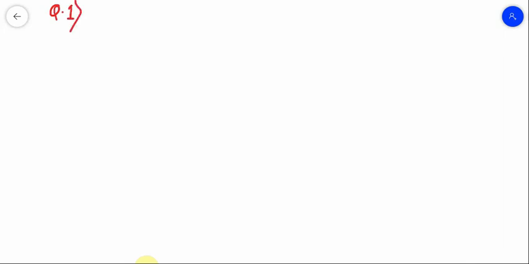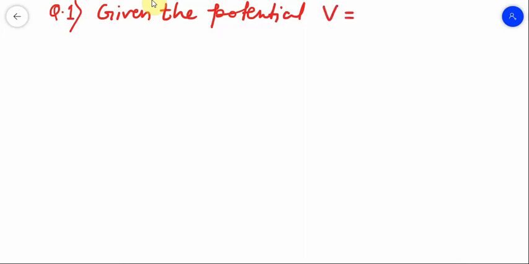So the first question is, given the potential V equals 10 upon r square sine theta cos phi.